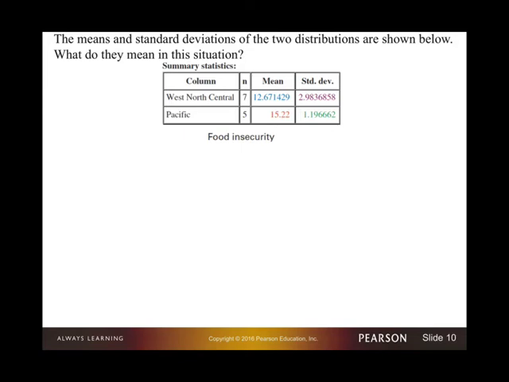For the standard deviation, the West North Central is 2.98%, while the Pacific is only about 1.2%. So there is more variation in the West North Central distribution compared with the Pacific one. It means the data for the West North Central is more spread out, farther away from the mean, compared with the Pacific distribution.